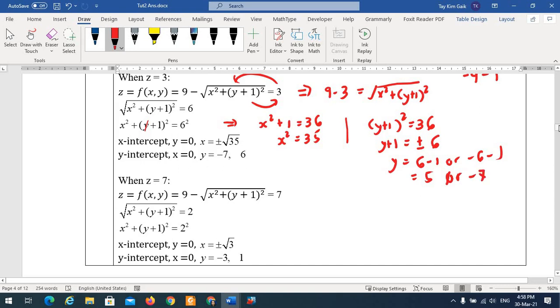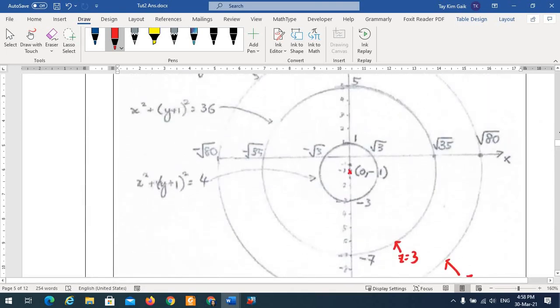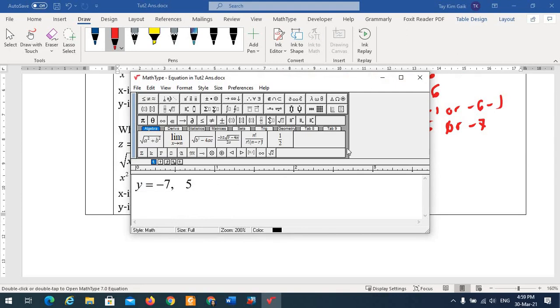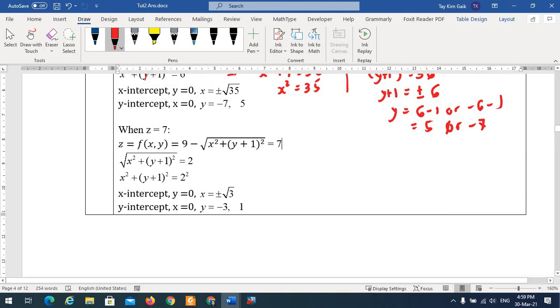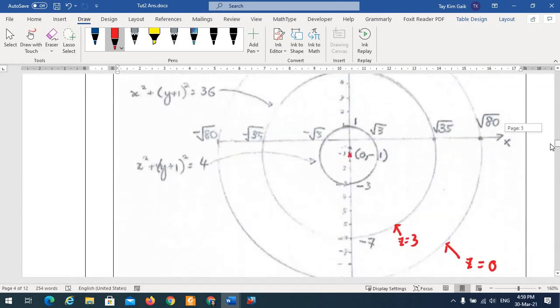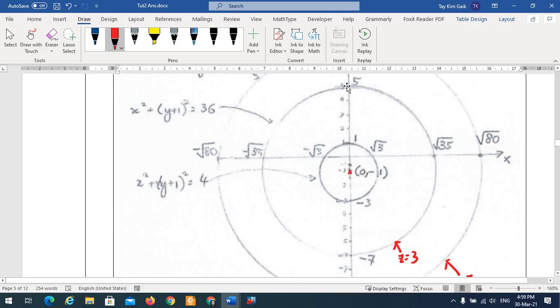So when z equal 3, the radius is 6 units. From the center negative 1, go down 6 more, so negative 7, and go up 6, so this is 5.